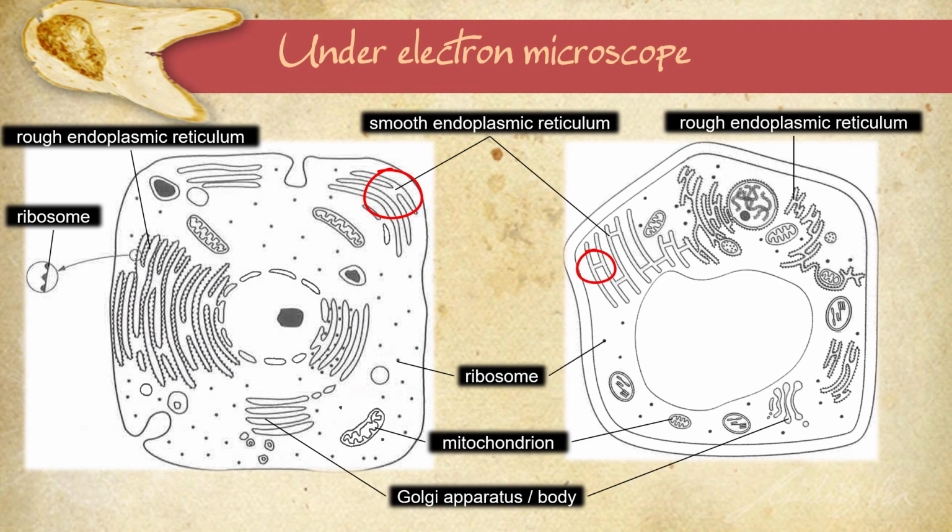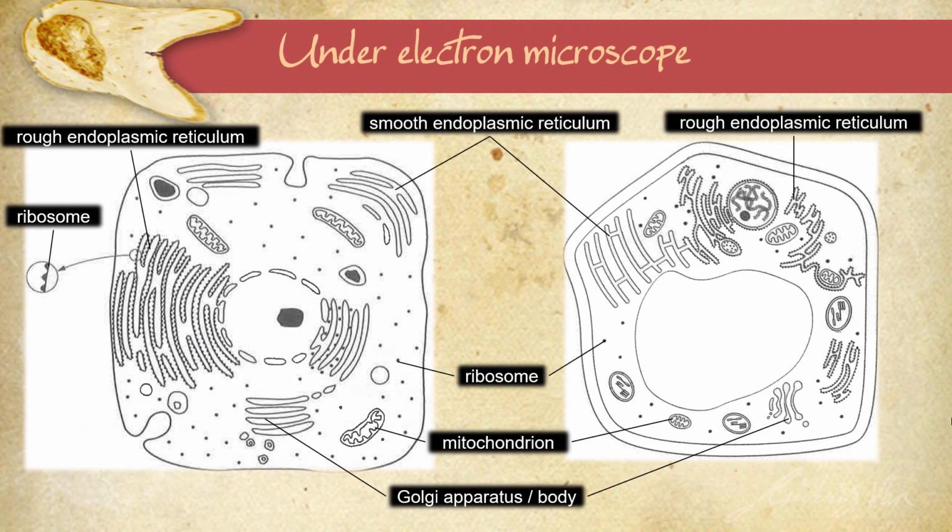Each layer or each stack of membrane is completely separated. So these are the organelles you have to know for your pure syllabus. For the combined syllabus, I will probably make another video. You have to know a lot less than this.